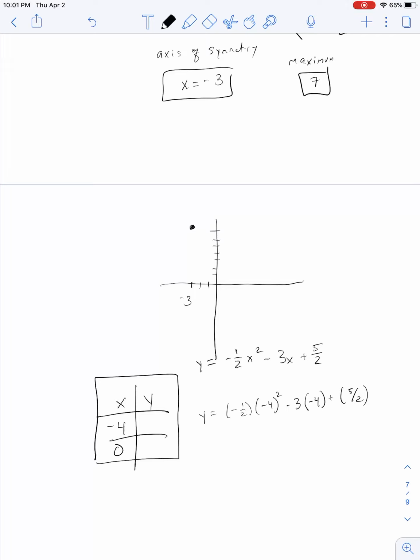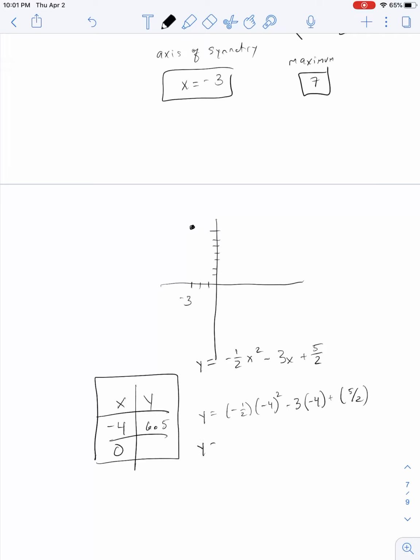So you get negative 1 over 2. Putting it in your calculator in that form should be nice and easy. But you should be able to work it out as well. This gives us 6.5, is what I got. Negative 1 over 2, negative 4 squared minus 3, negative 4 plus 5 over 2.